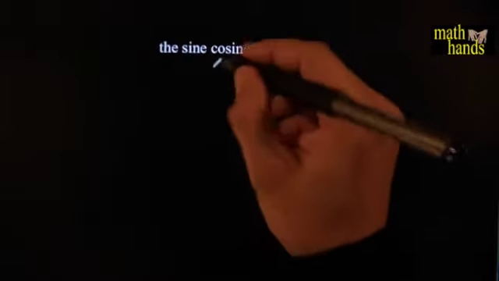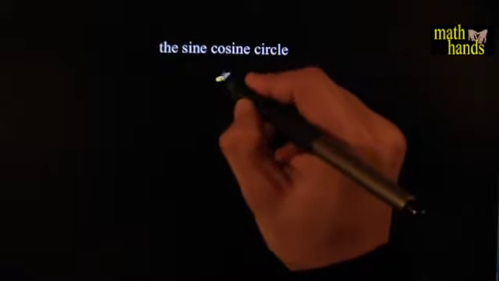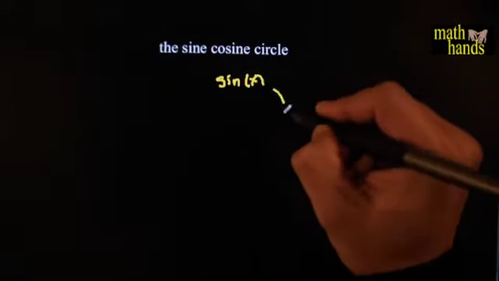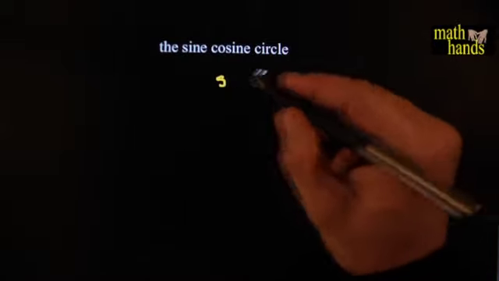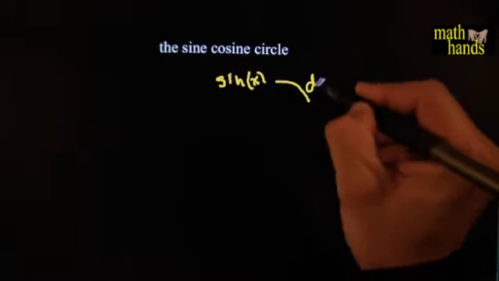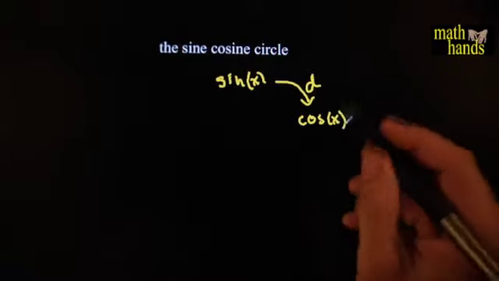It's often useful to think about this cosine sine circle. Here it goes. If you have sine x and you were to take the derivative, that would give you cosine x, right?